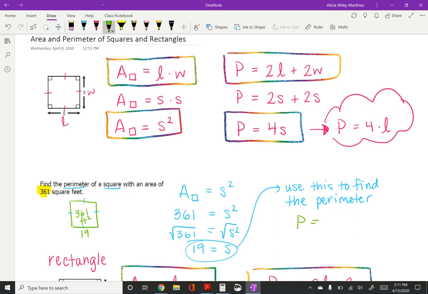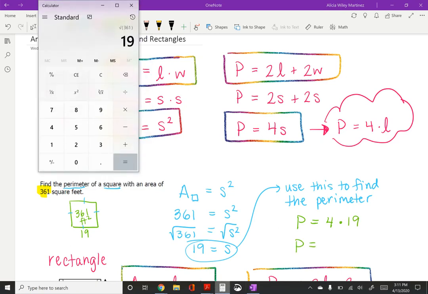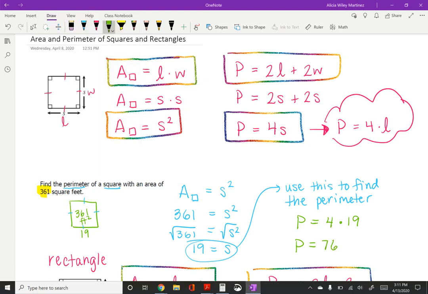So the perimeter is going to be 4 times 19. So the perimeter of this square, 19 times 4, is 76. And our units of measure is feet, so it's 76 feet. And that is the perimeter.